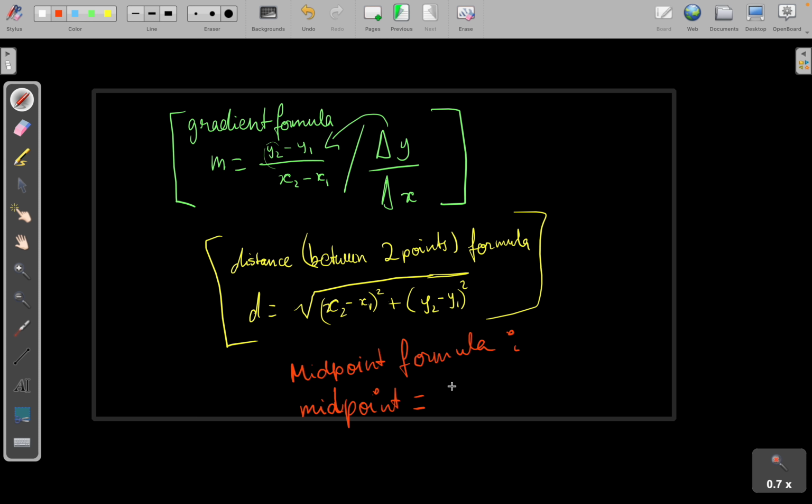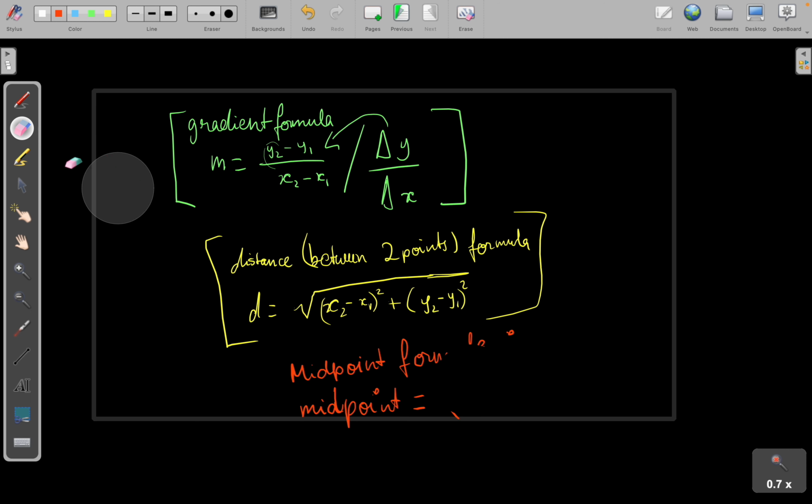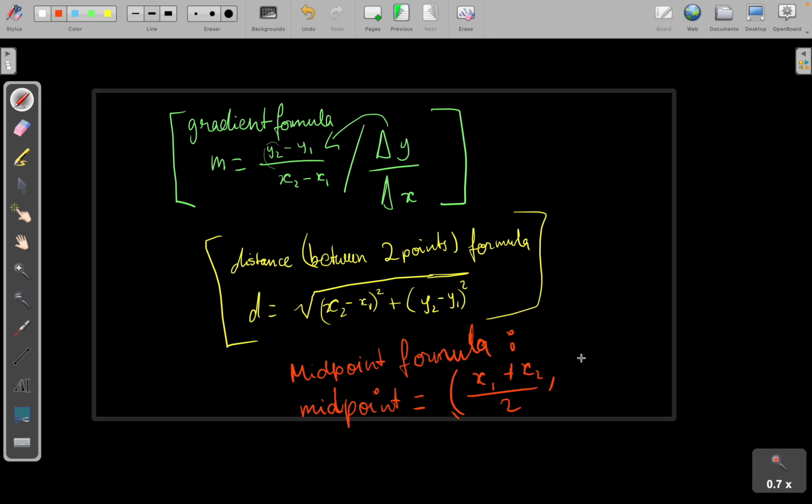Midpoint is x2 plus x1 by 2, or it can be swapped the other way around, x1 plus x2 by 2, comma, y1 plus y2 by 2. And that's the midpoint formula.